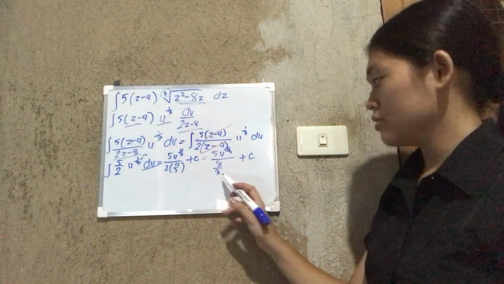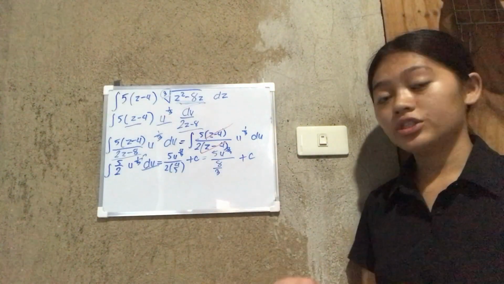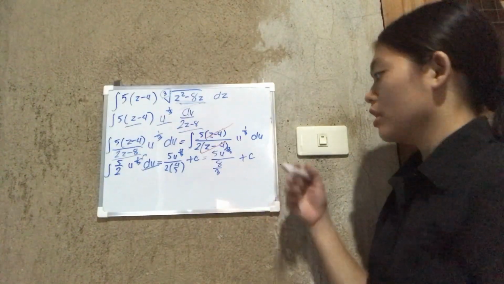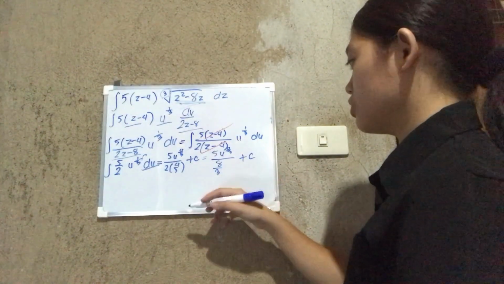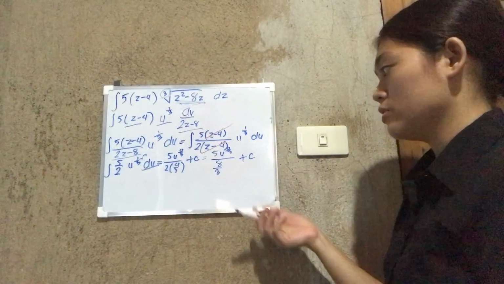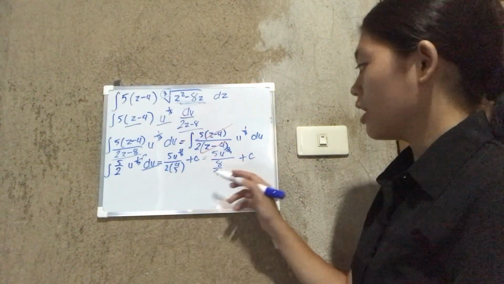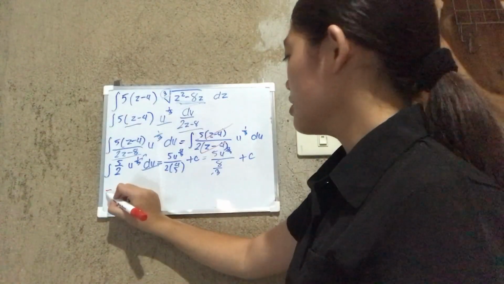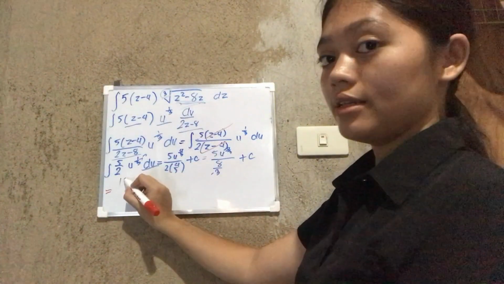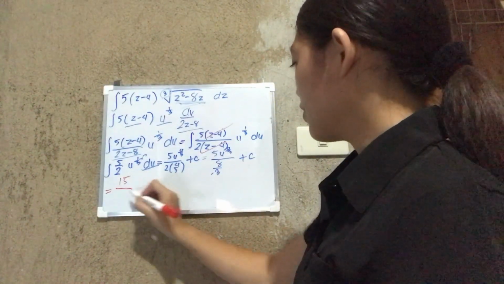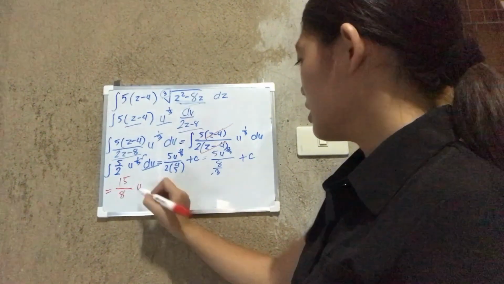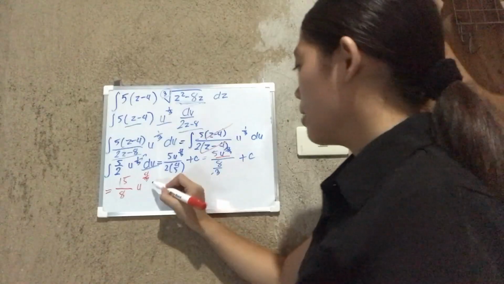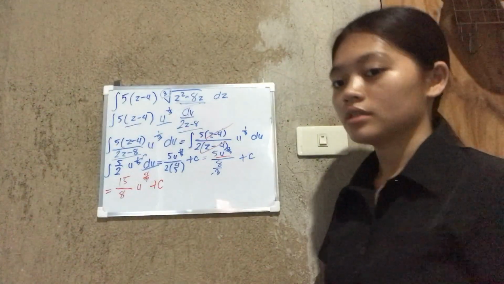And then for this to not be a fraction, we are going to multiply it by its reciprocal, which is 3 over 8, right? So when we reciprocate this one and multiply, it will become 3 times 5 is 15 over 8, then copy the u raised to 4/3 plus c.